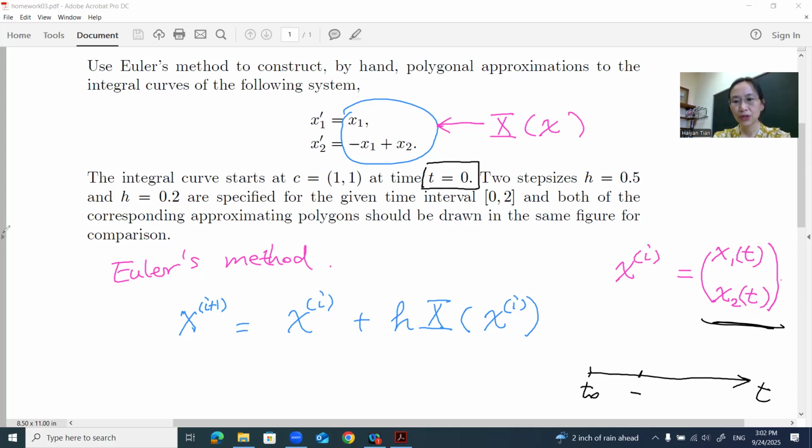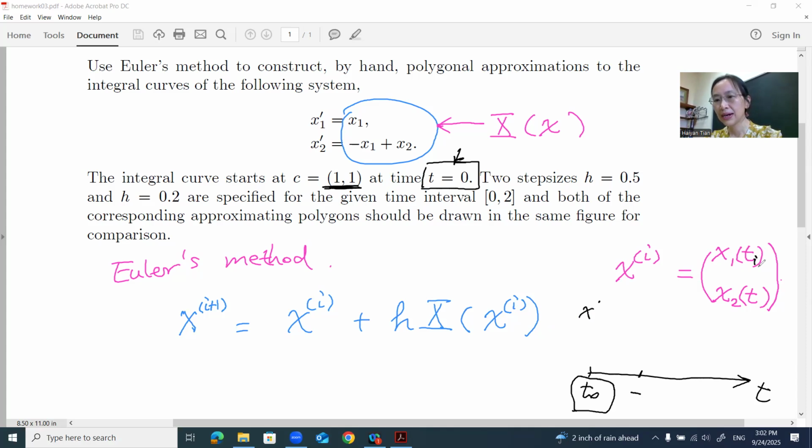So if we know the solution vector when t is t naught, here t naught is 0. You see initially t is 0. So at 0, the solution is given as 1, 1. So we can think of the solution vector at 0, right?